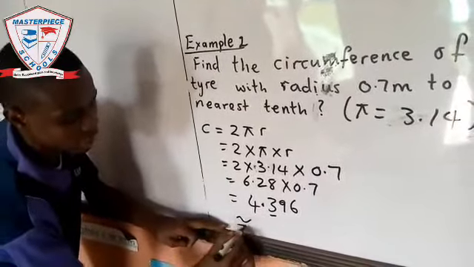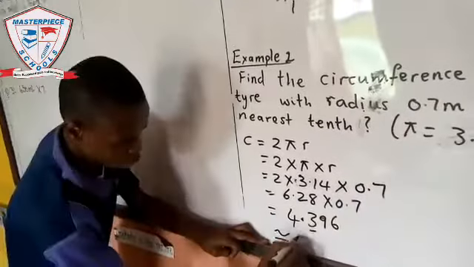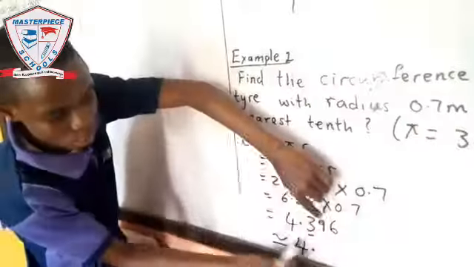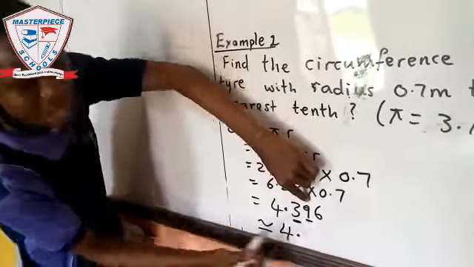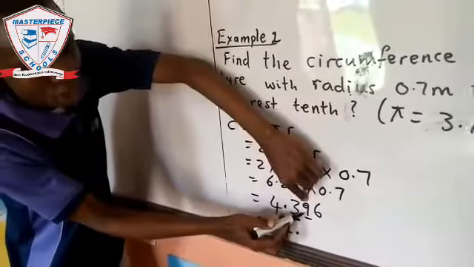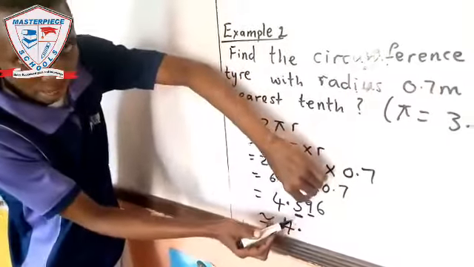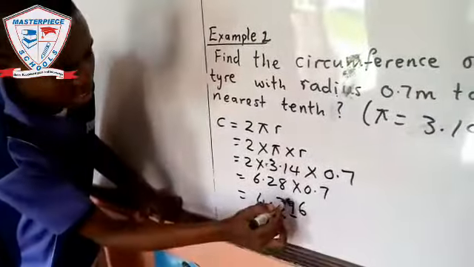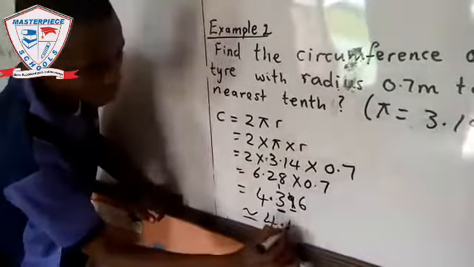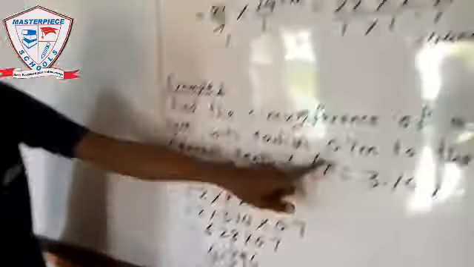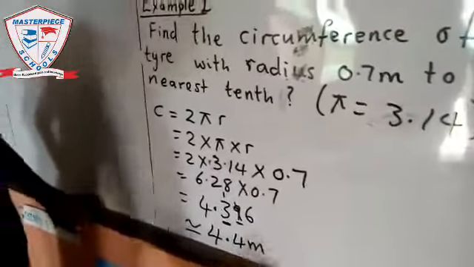I told you the sign for approximation. So you have 4 point. Then you look at the number after the first number. Which number is that? 5. So this number is already up to 5, so you add 1 to the 3. That will give you 4.4. What's our unit? 4.4 meters. That's the answer.